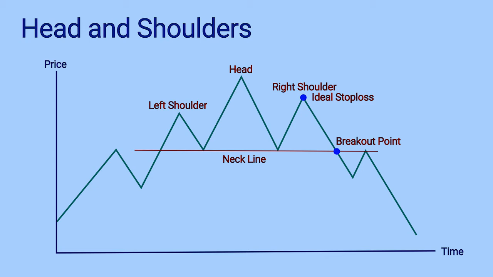So often traders, what they do is that once the price is breaking down, they enter in some quantity, and if there is a pullback towards the neckline, that often happens in the case of bearish reversal patterns, they again enter with some quantity and keep a stop loss just a little bit above the neckline. But the ideal stop loss, what I have said, should be the nearest peak or the nearest shoulder.